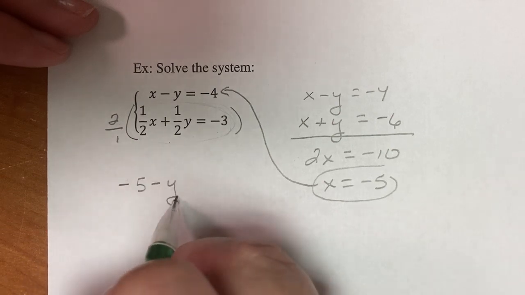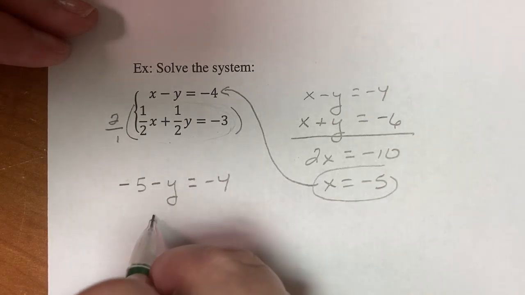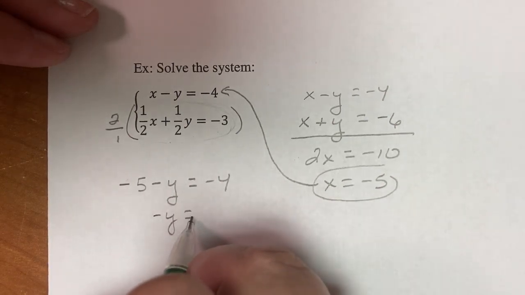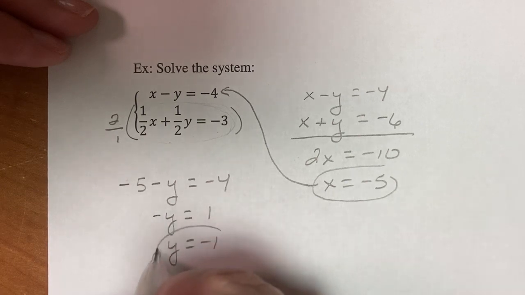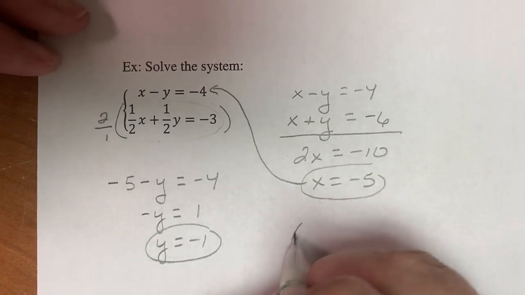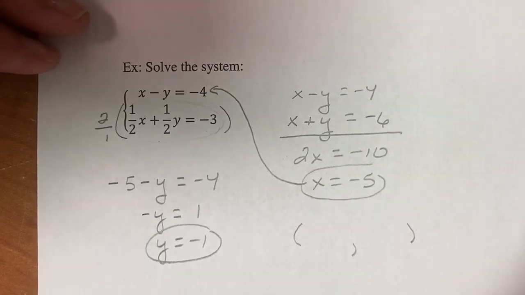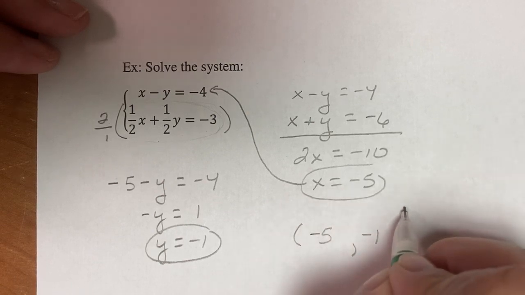So -5 minus y equals -4. Let's add 5. So that's going to be -y equals 1. And if I divide by -1, my y is going to be -1. So my ordered pair solution for this system is the ordered pair -5, -1.